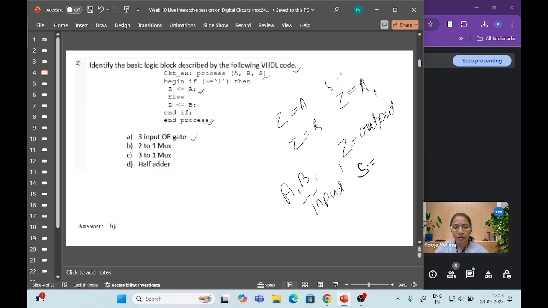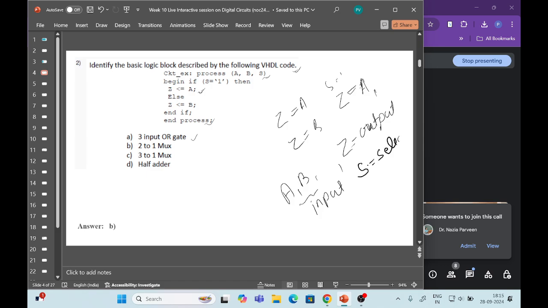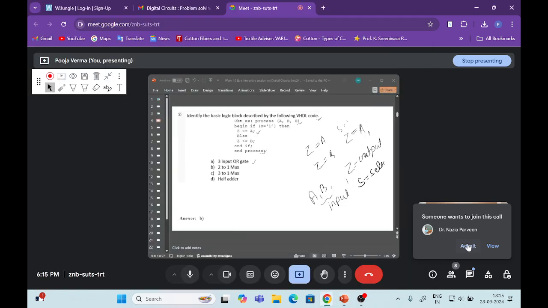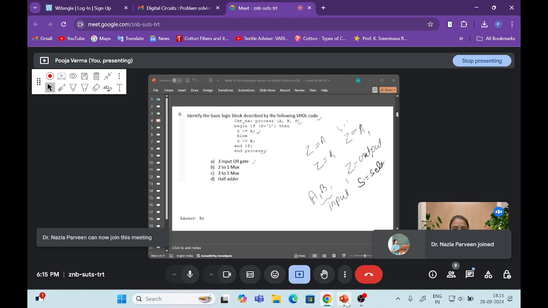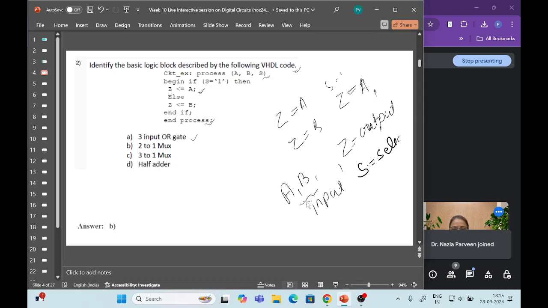So two inputs, one output, one selection line. What are the possibilities? Most probably it is a mux.